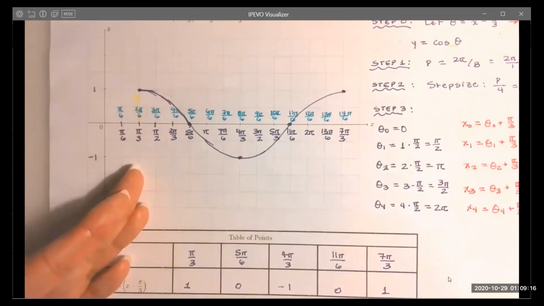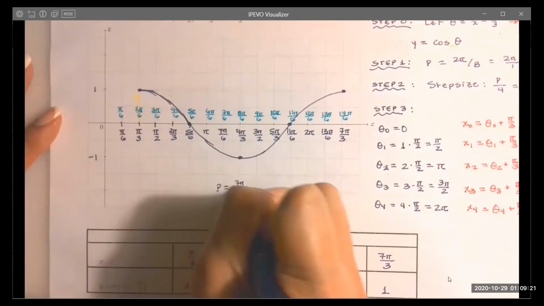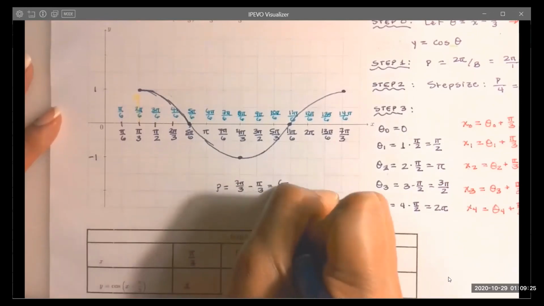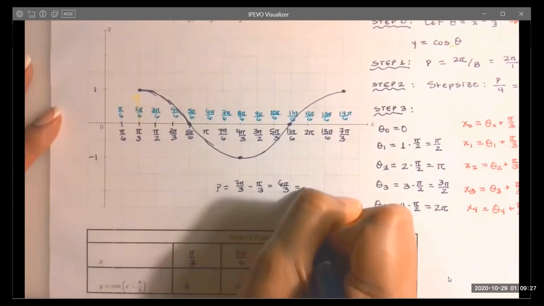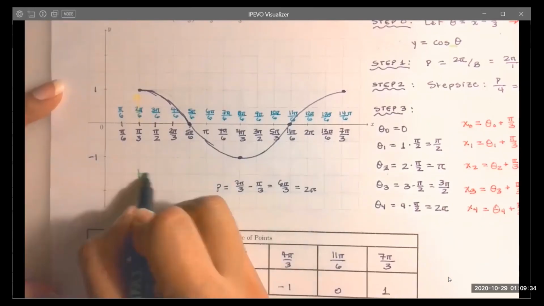So if we take the difference between those 2 points, 7 pi over 3 minus pi over 3, that gives us 6 pi over 3, which is still 2 pi. Okay, so we see it complete in 2 pi radians. So that hasn't changed. That remains the same.